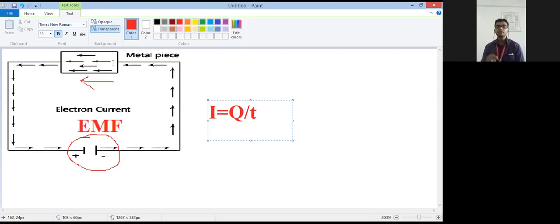And per unit time, means within 1 second, how much charge has flown. Within 1/10 of a second, means 100 milliseconds, how much charge has flown. So I is equal to Q upon T, where Q is the charge which has flown and T is the time in seconds. Within 1 second, within 2 seconds, or within 10 seconds, how much charge has flown, that is nothing but the current.